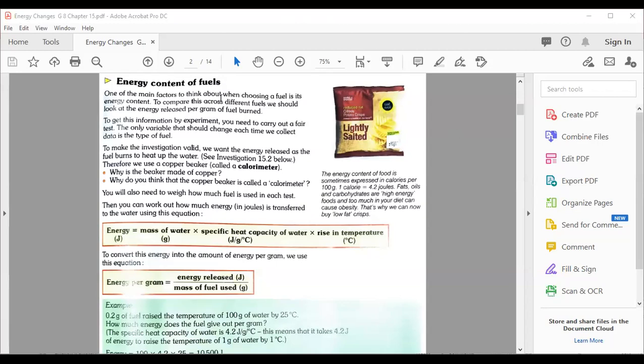One of the main factors to think about when choosing a fuel is its energy content. It's very easy to understand when you choose something to eat or drink.